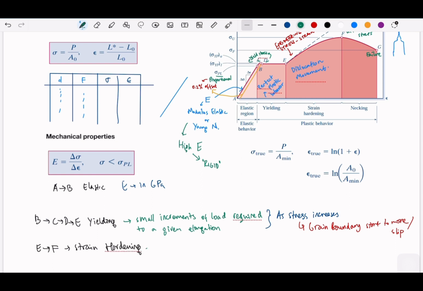I will just write, this is dislocation movement at peak. Okay, I will write at peak. I hope you understand what I mean. And then F to G is necking. Necking until failure.